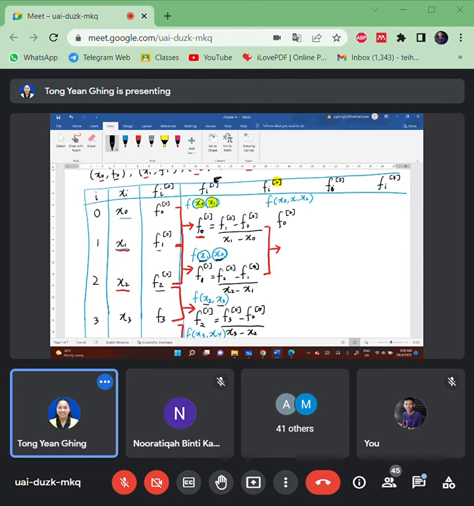Right. Equal to, so saya akan ambil nilai, I will choose this value. I will take this and this minus this one. So that means f1 first divided difference minus f0 first divided difference. So bahagi dengan apa? So we consider x0 until x2. So that means I will take x2 minus x0. Boleh?